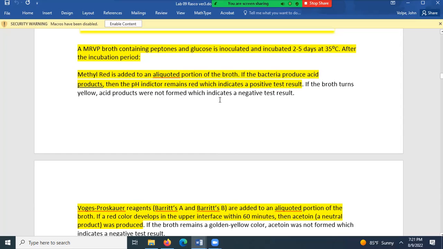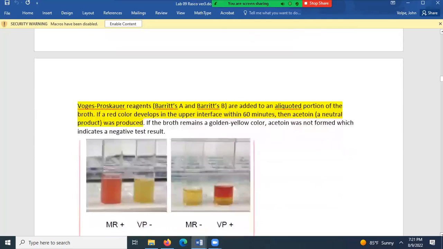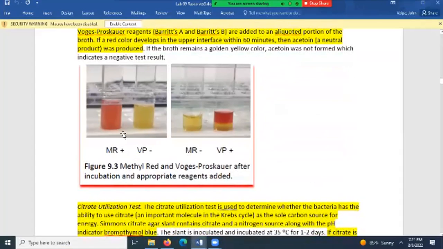If it remains red, then it is positive for the methyl red test. If it turns yellow, then it is negative for the test. I think I got a picture of that. There we go, methyl red positive, all red. Methyl red negative, it's not red, it's yellow.